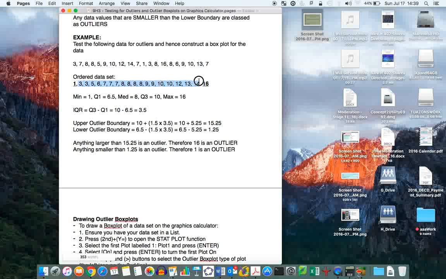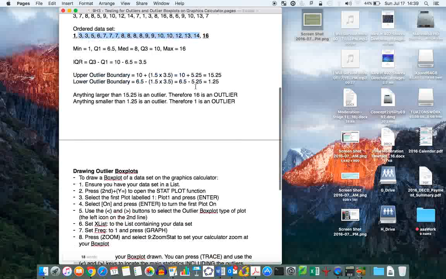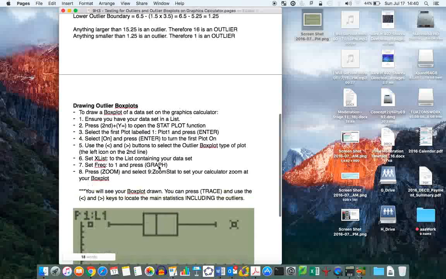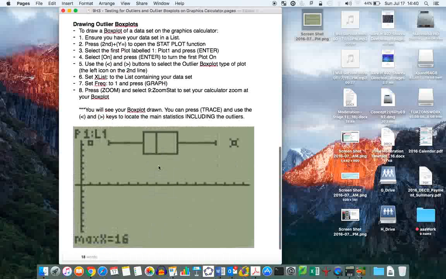Because we've determined those 2 are outliers, our data only extends from 3 up to 14. So the maximum end whisker is 14, and the minimum end whisker is 3. If you were drawing this by hand, your box plot whiskers wouldn't extend up to 16 and 1. They would extend to the last non-outlier bit of data on the low end and the last non-outlier bit of data on the high end, and then you draw the outliers separately. Then the rest of the box plot remains the same.